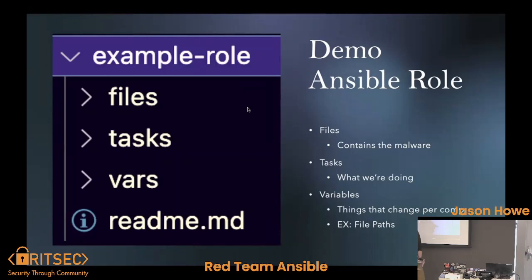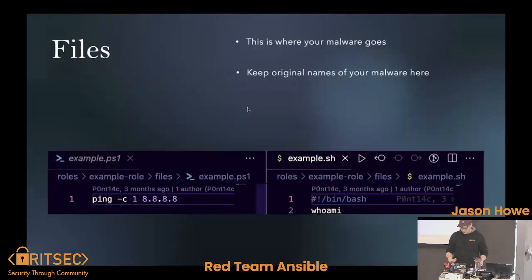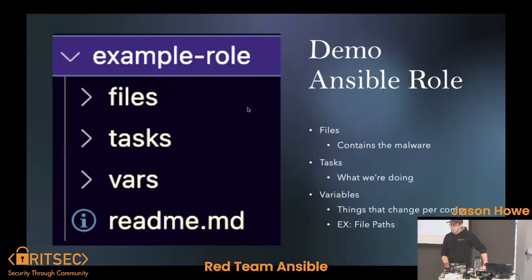So I'm going to skip ahead to this. If you have two files, one called example.ps1 and one called example.sh, both of them are going to exist in this files directory. And that's pretty neat. And in fact, if you use a module to drop a file and you're using it locally, it's going to assume that it's in this directory.